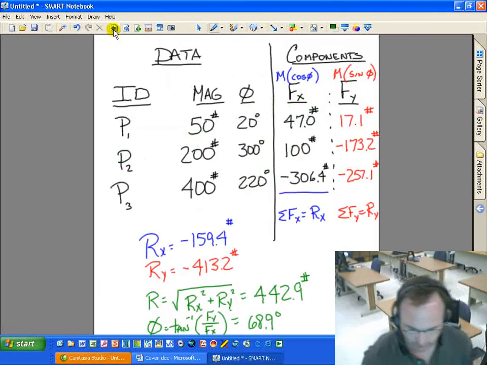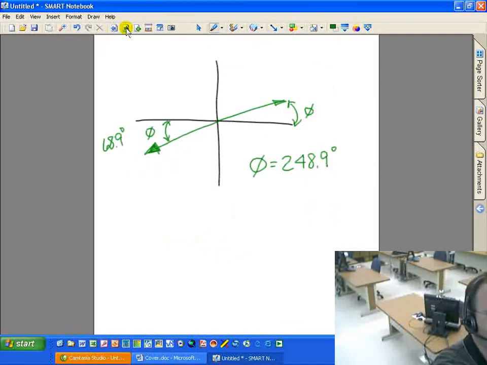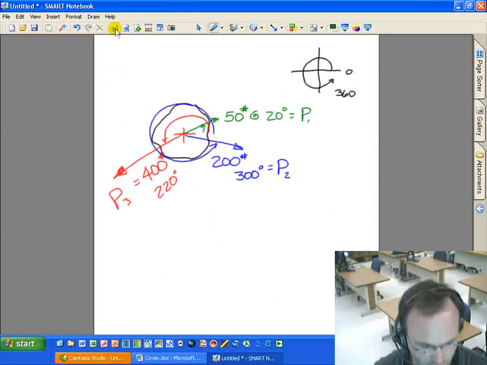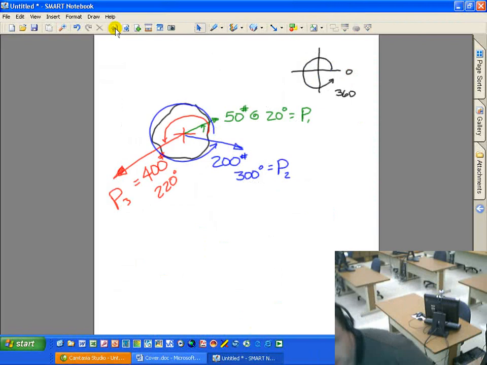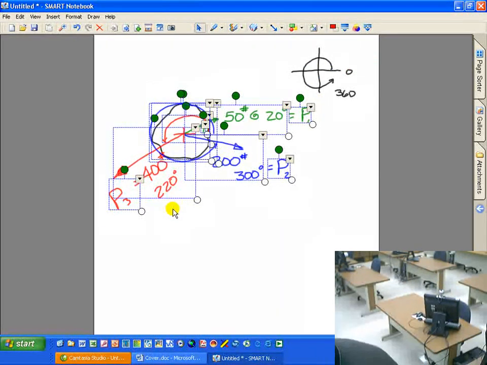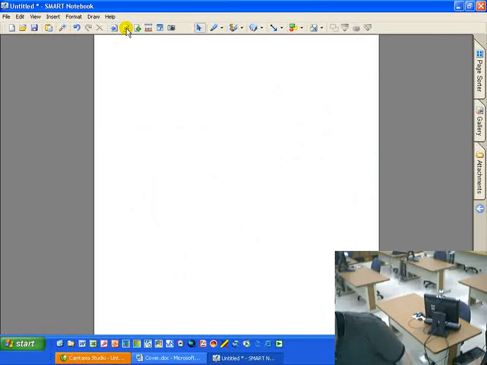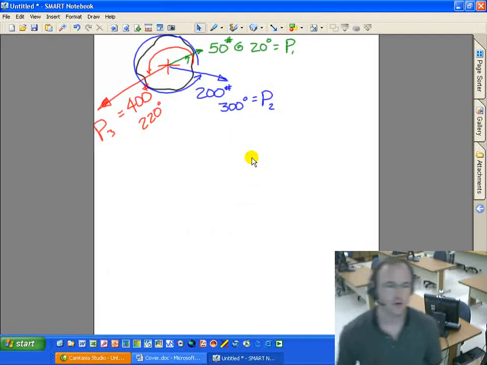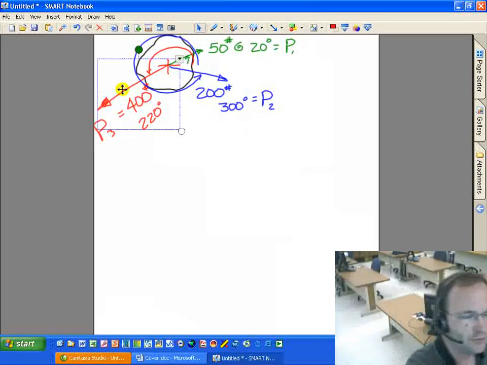So we have a magnitude of 442.9. Let's do this real quick. If we take all this, we have those three forces.